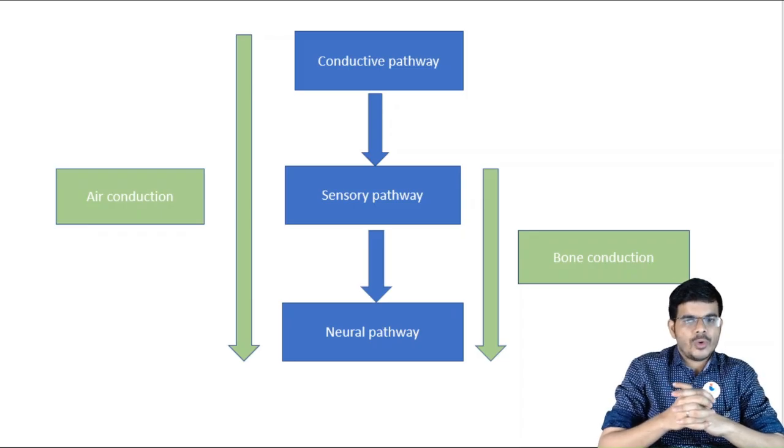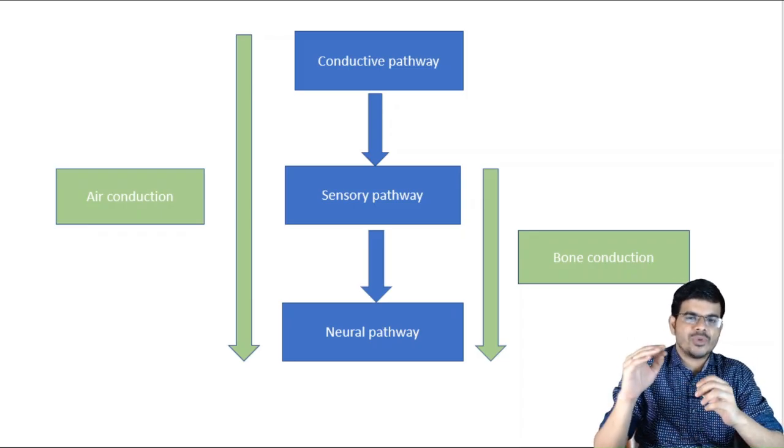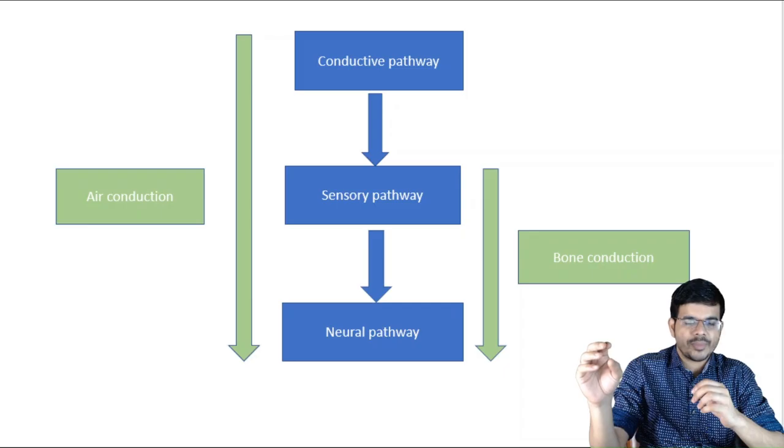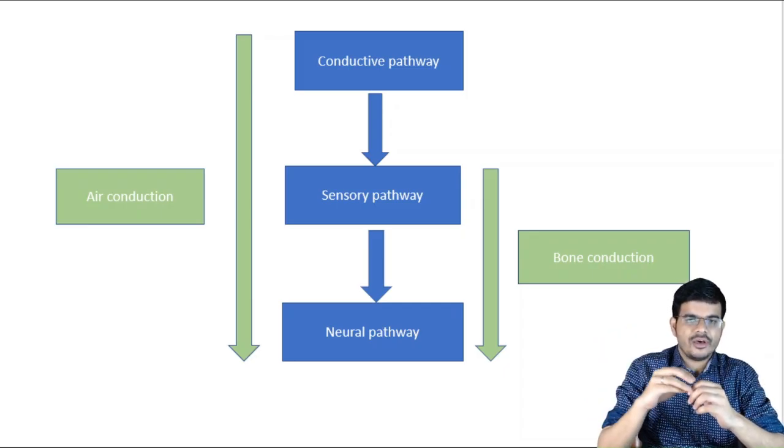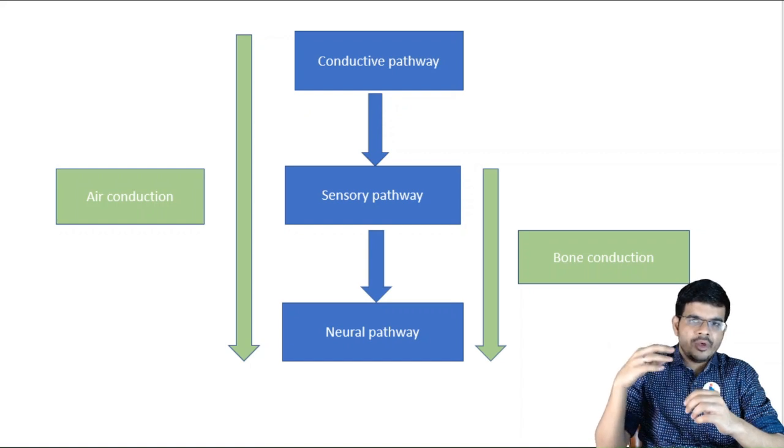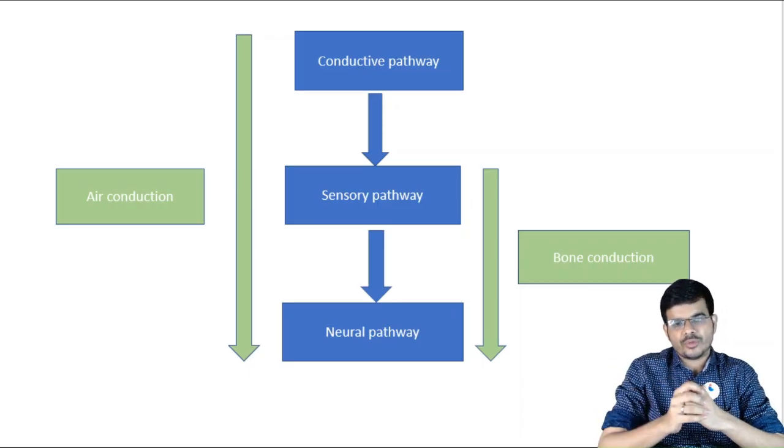Okay, so here you can see there are three pathways: the conductive pathway up to the footplate of stapes, then you have the sensory pathway after that, where the transduction is taking place, and after the auditory nerve is started you have the neural pathway.